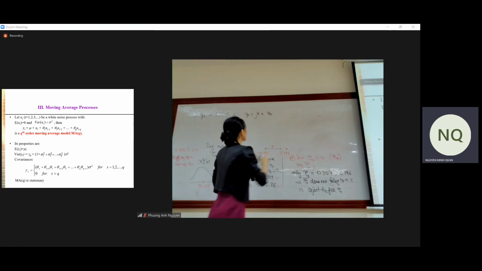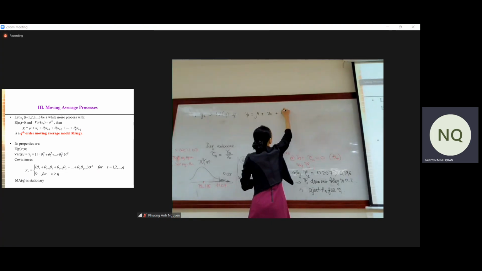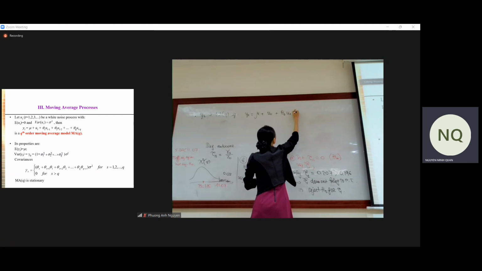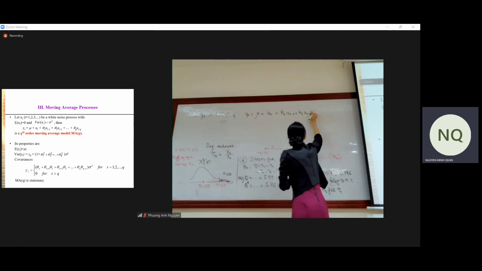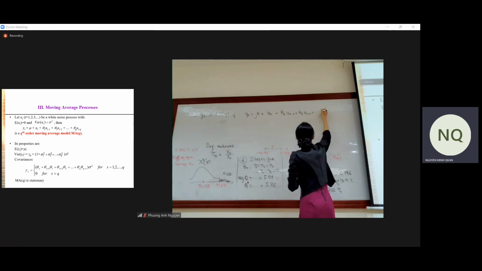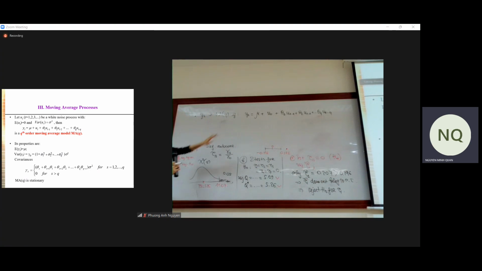Then the linear combination of lagged u_t, to start with lag 1, lag 2, up to lag q. q is the order of the moving average model.